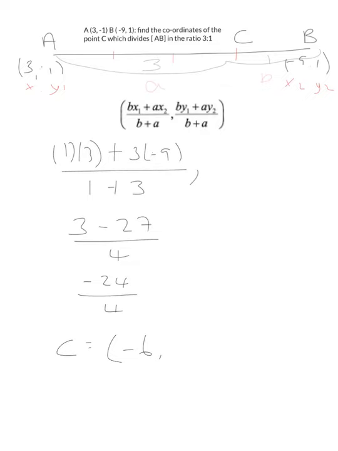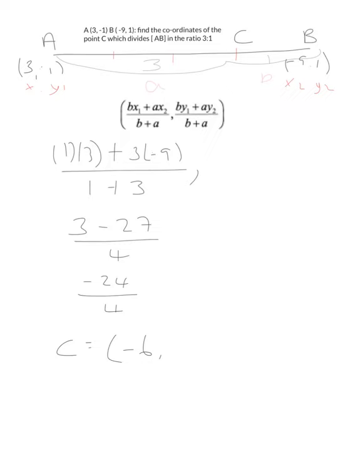Okay, looking for the y coordinate. Again, we just slot it into the formula. It's B times y1, so it's 1 times 1, plus 3 times y2, which is 1, all over B plus A, which is 1 plus 3.